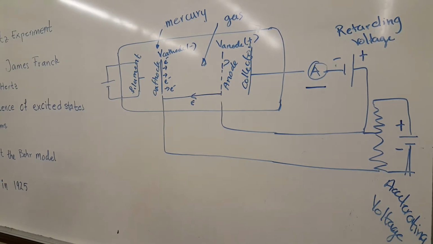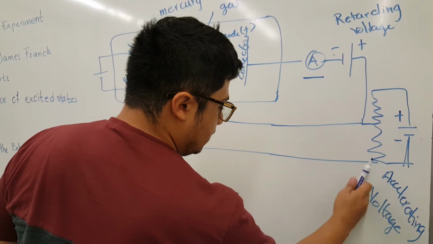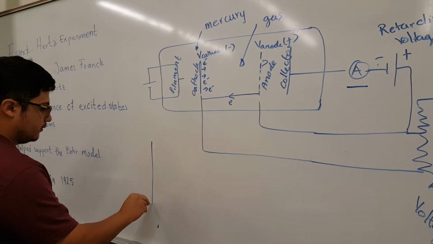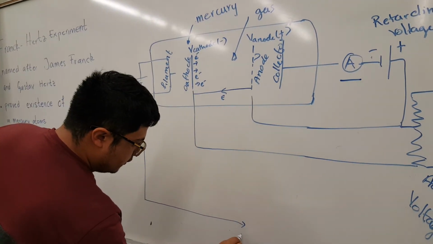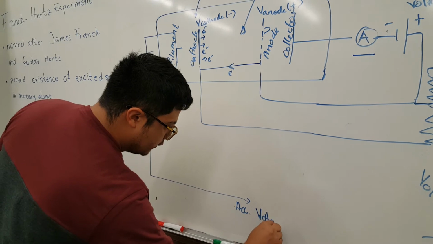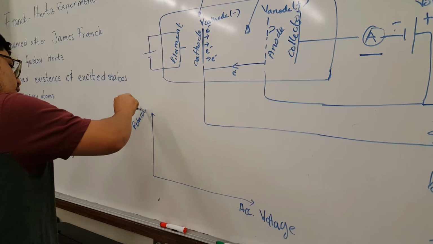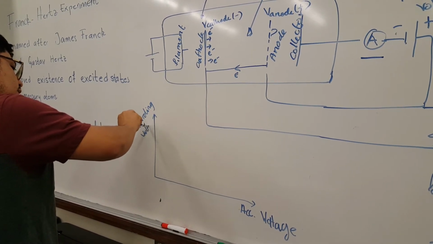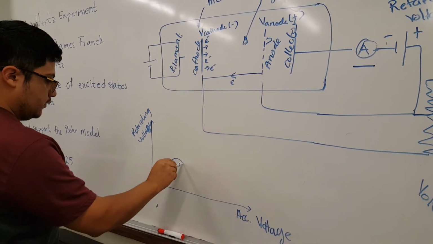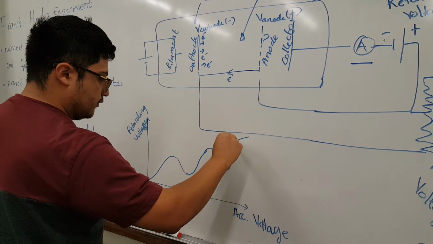So what does it look like if we plot the accelerating voltage versus the retarding voltage? So this is our accelerating voltage. This is our retarding voltage. Initially, if we were to plot it, you're going to see this kind of graph.